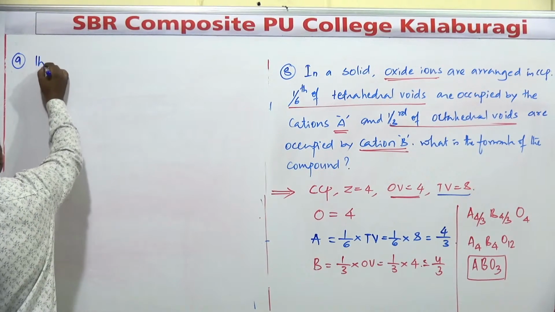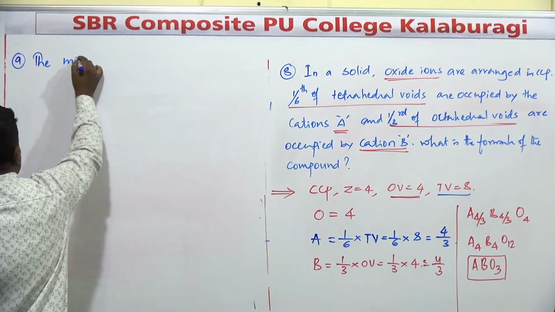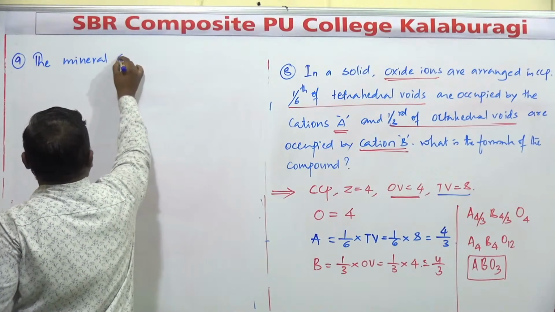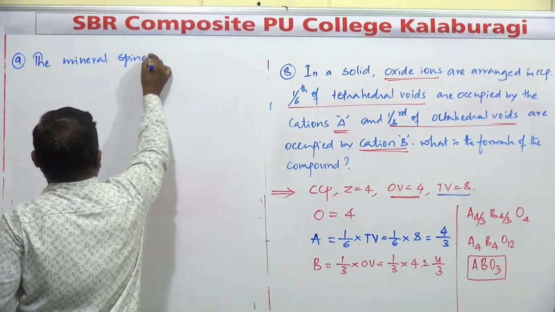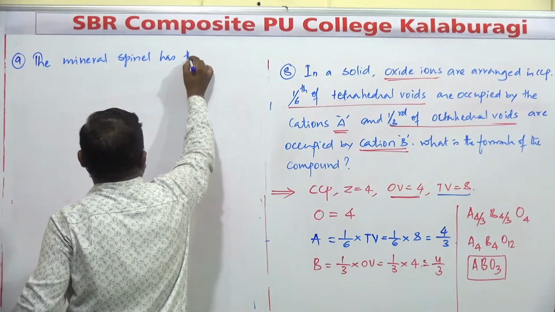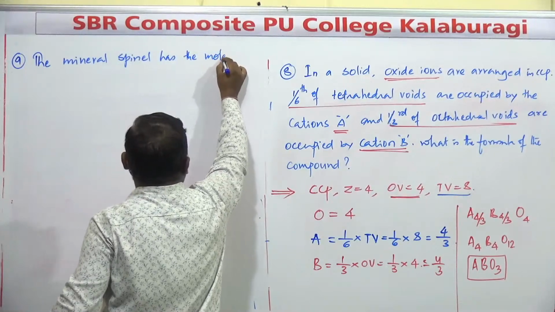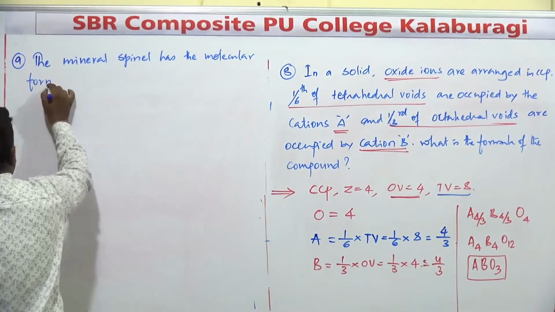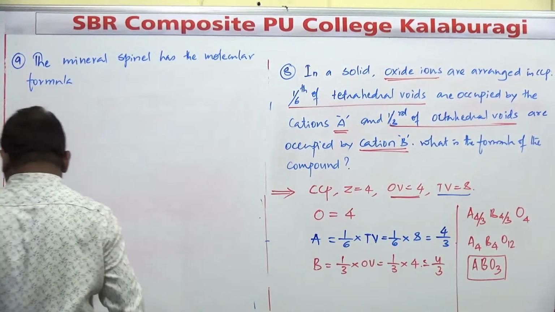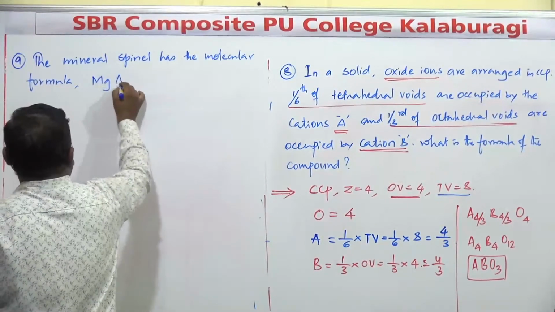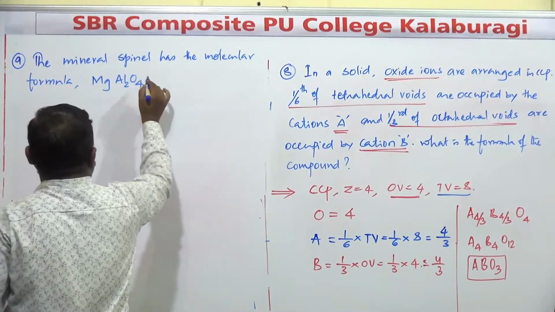The mineral spinel has the molecular formula MgAl2O4.